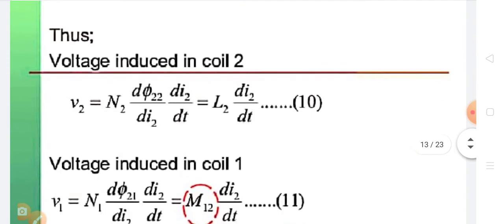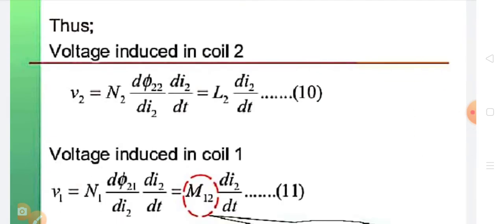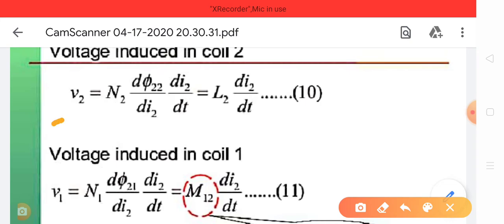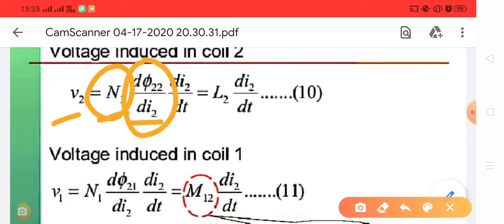What is the expression for the voltage? V2 is N2, the number of turns in the second coil, into dφ22/di2, since the current is I2, into di2/dt.